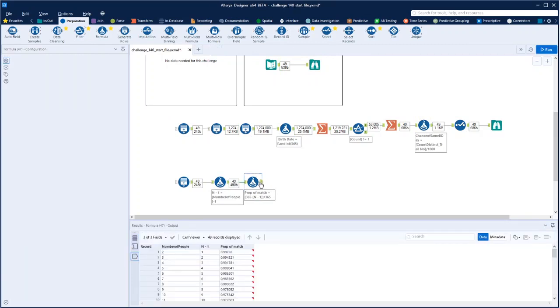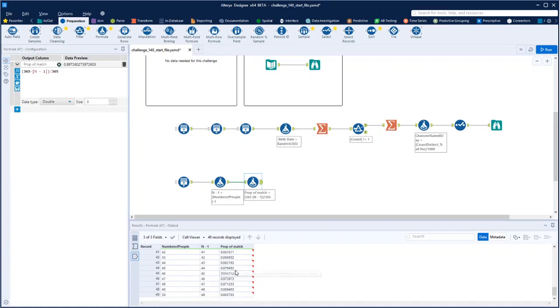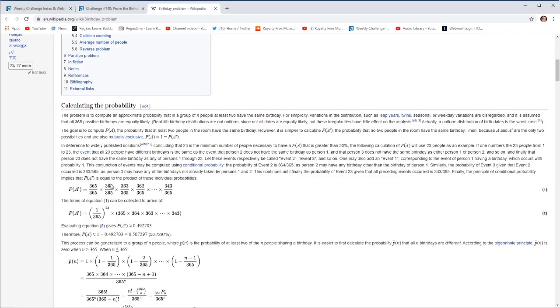So what we've got now is the probability of each. You see it goes down, of each kind of combination. Now we need to do that times that times that to give us the build up of the calculation for each of the number of groups.